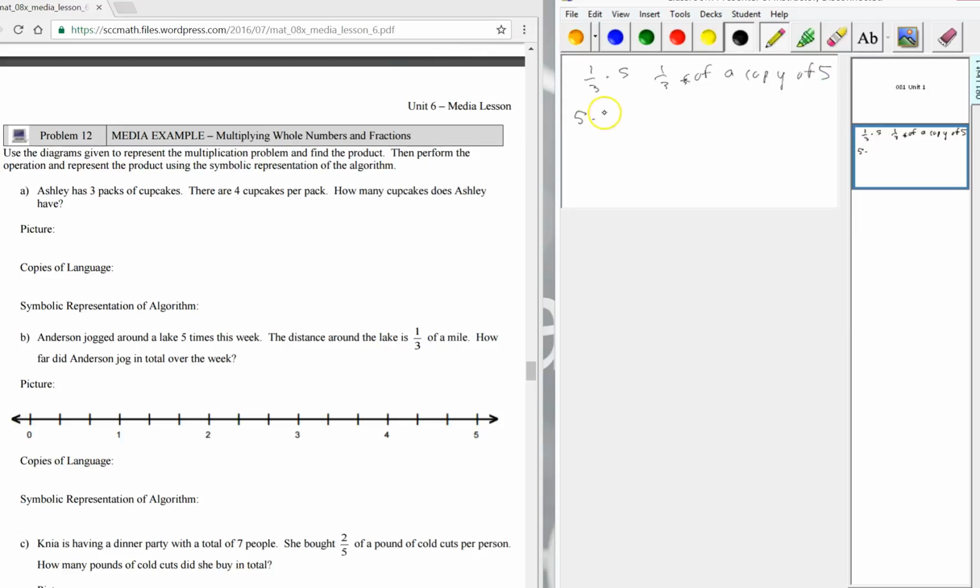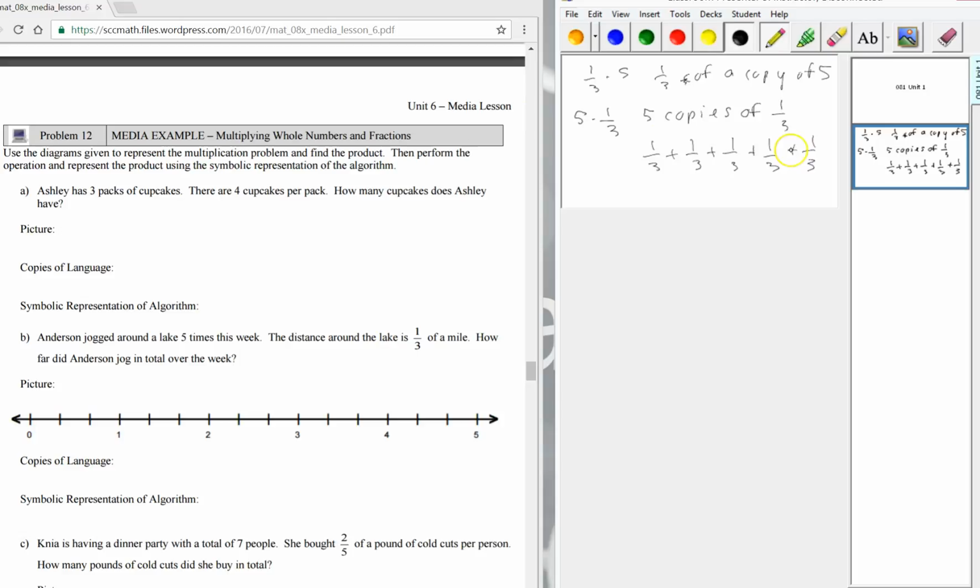And if we write 5 times 1/3, that's 5 copies of 1/3. If we have the whole number first, you can see that this lends itself nicely to a repeated addition model. Okay, so if you have 5 copies of 1/3, since it's a whole number of copies, we can think of adding 1/3 to itself 5 times.